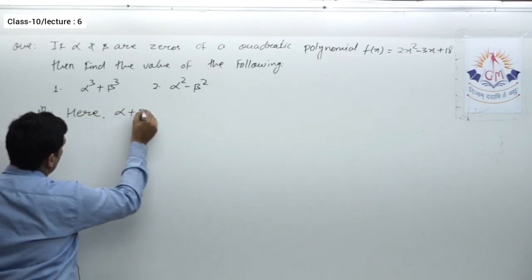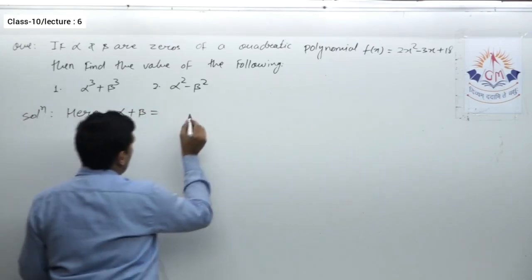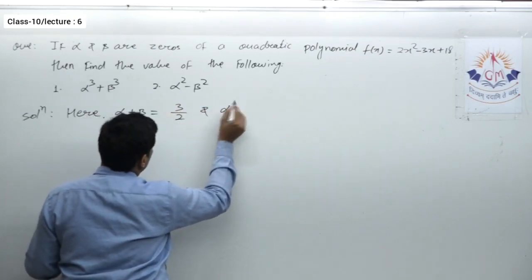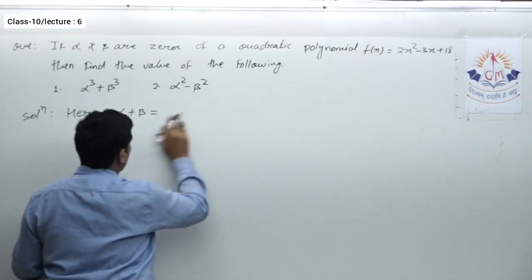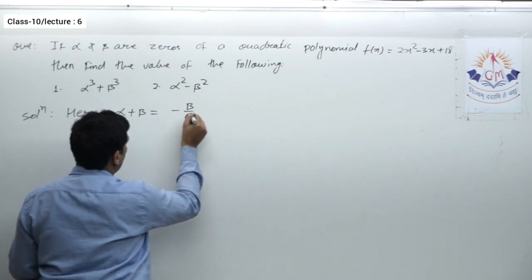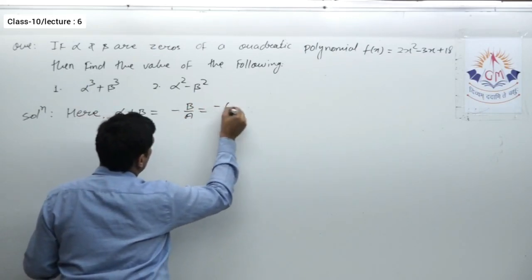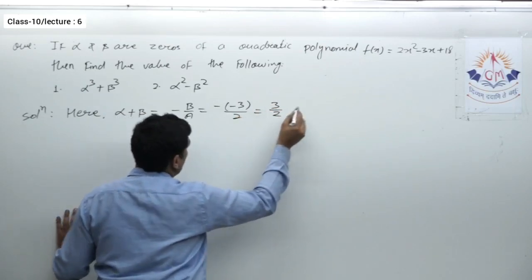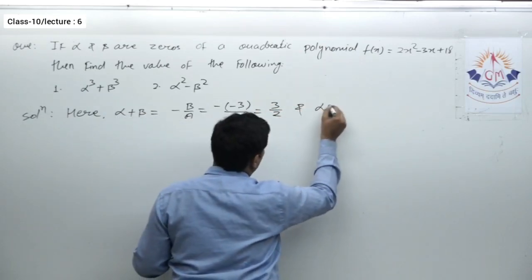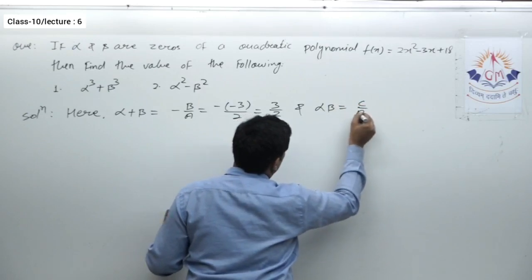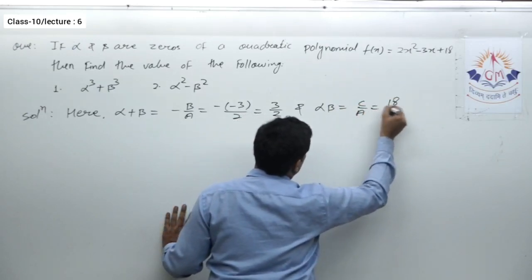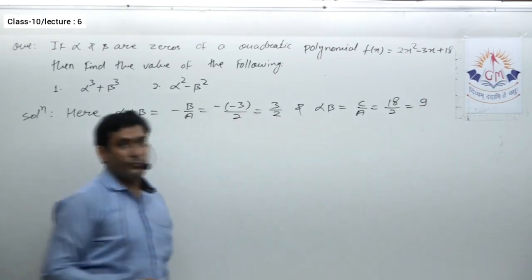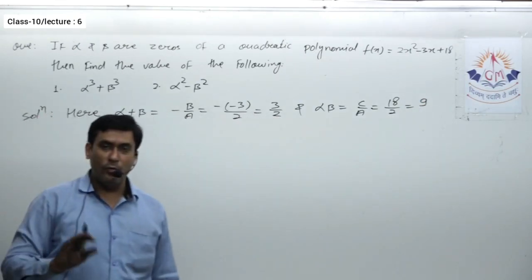Here we have alpha plus beta equal to minus b upon a, that is minus of minus 3 divided by 2, so 3 upon 2, and alpha beta is equal to c upon a, that is 18 by 2, that is 9.